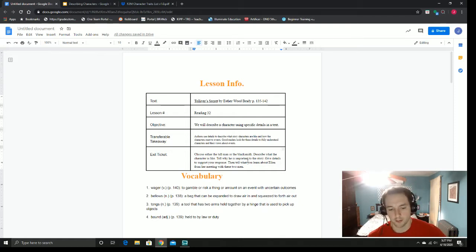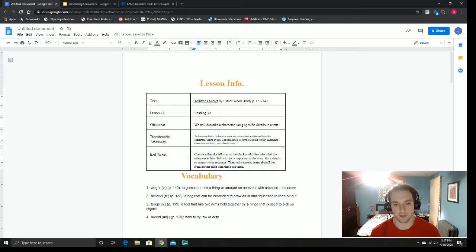We'll talk about this a little bit further on in the lesson, but a lot of times when you've been asked to describe characters so far, you've been describing main characters in the story. In this case, we're going to be asked to describe characters that are not main characters. As you read more and more complicated texts, there are going to be more and more side characters, and authors put side characters in for a reason, so that we can understand the story better, or someone else's perspective a little bit better.